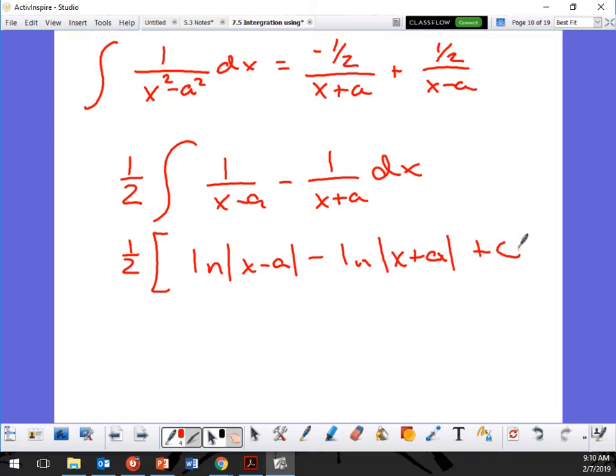If there's a minus sign in between my two ln's, that means I'm going to divide. So it turns into 1/2 ln of x minus a over x plus a, plus c.